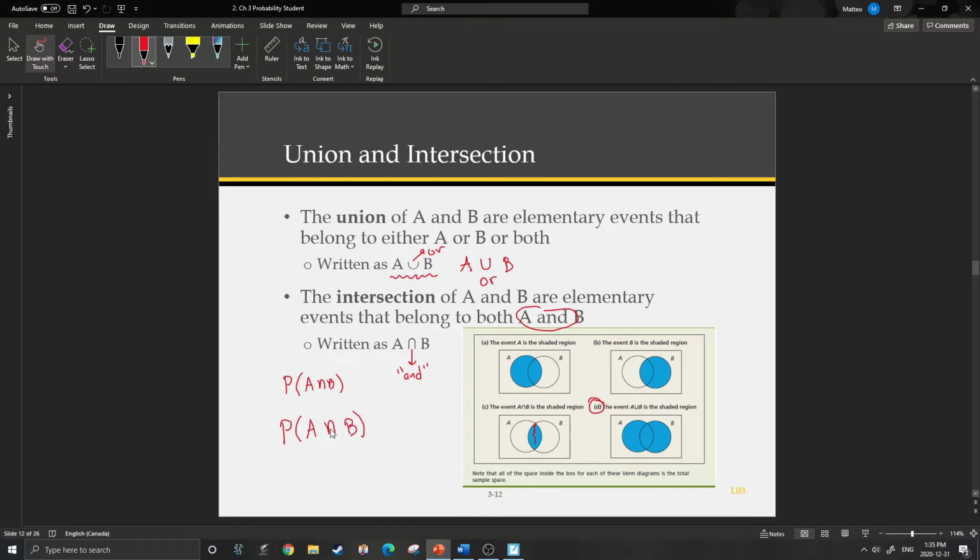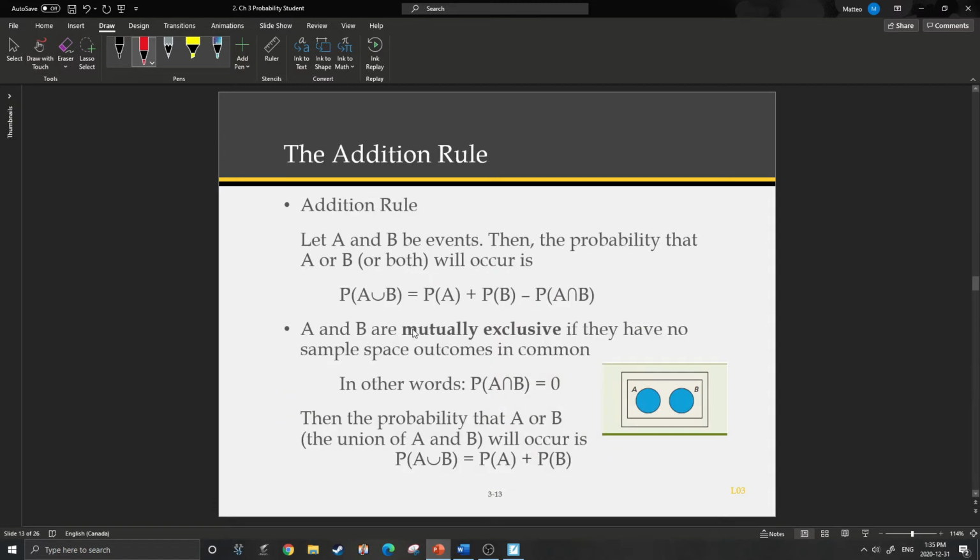This upside down U is like one stroke away from being an A for and. That's how I remembered it. So the upside down U, the one that I can turn into an A, means and, the one that is a regular U means or. It seems silly, but it works. Wonderful. Got to get all these definition things out of the way.